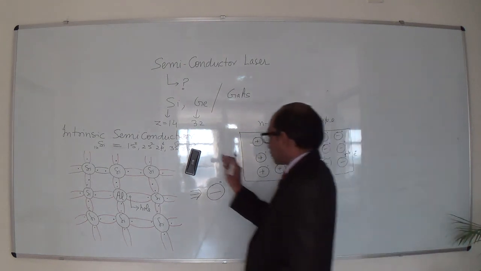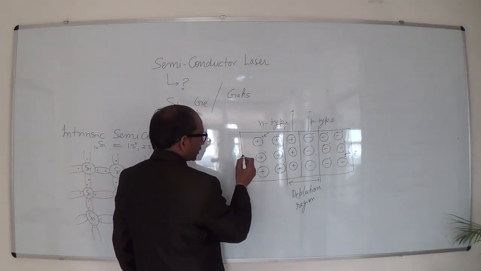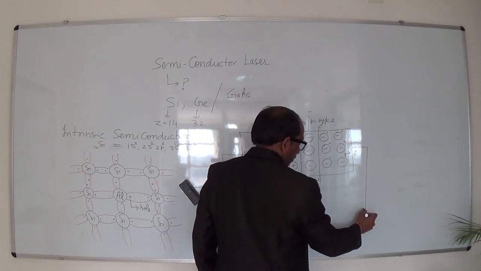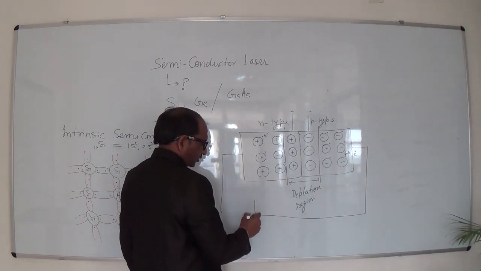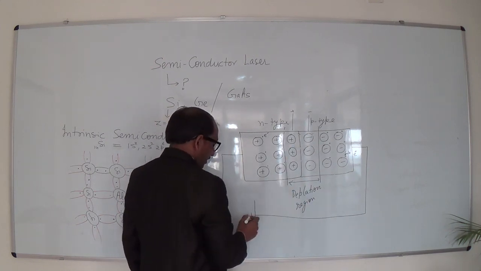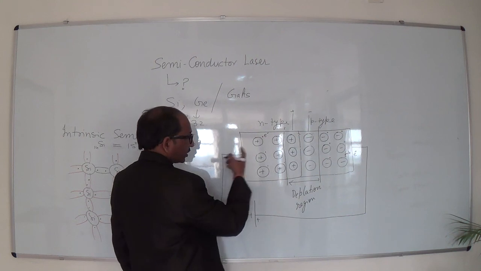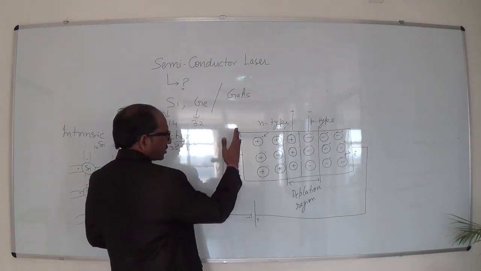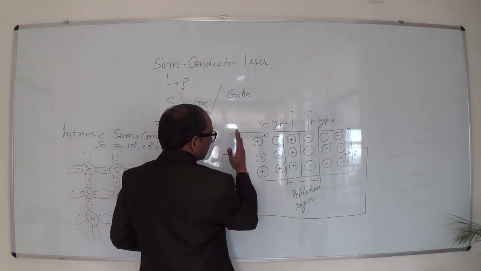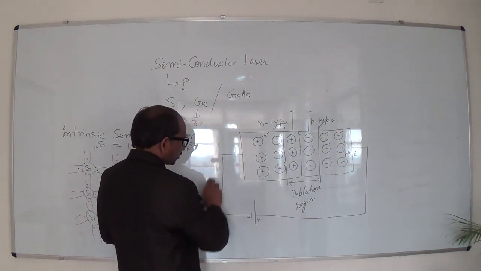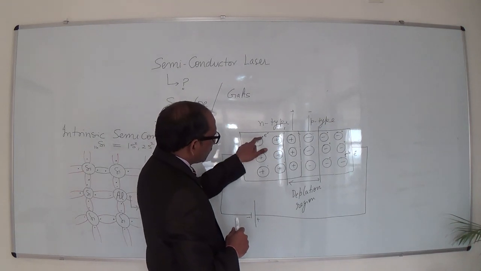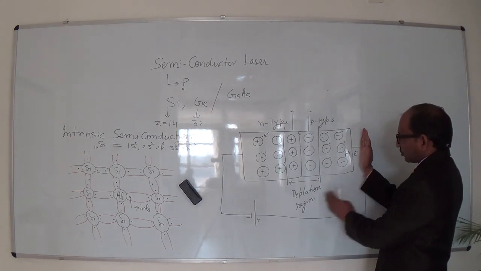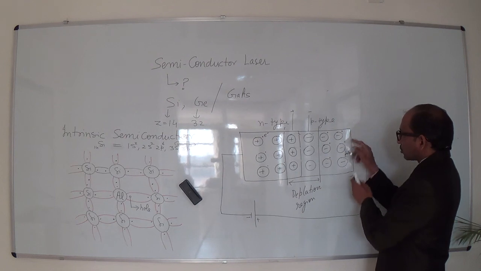But suppose we apply external biasing to this PN junction: the positive terminal of the battery to the p-type semiconductor, and the negative terminal of the battery to the n-type semiconductor. On this face of the semiconductor material, the negative charge forces these free charge carriers, and similarly at this face the positive potential of the battery forces these holes.